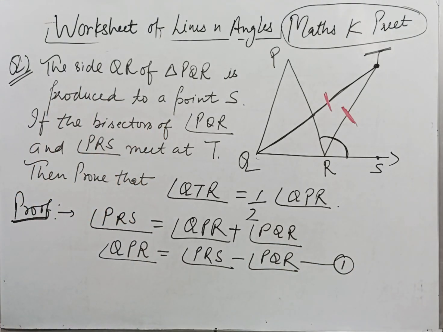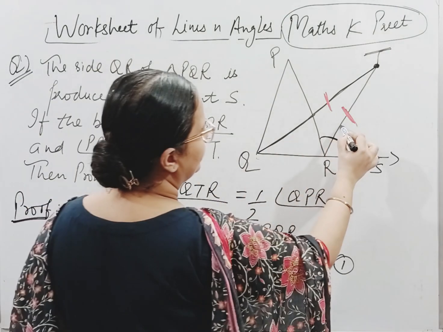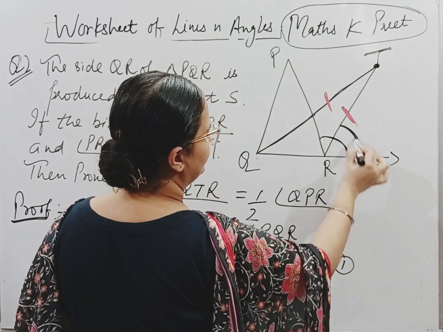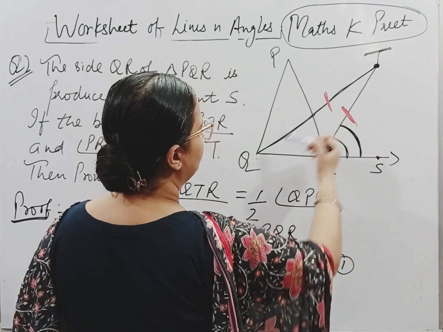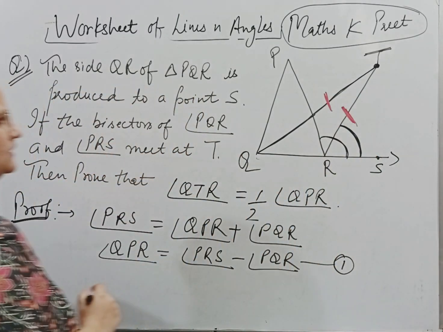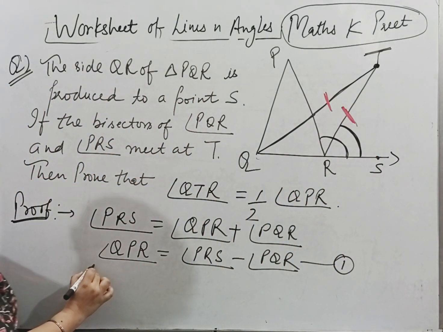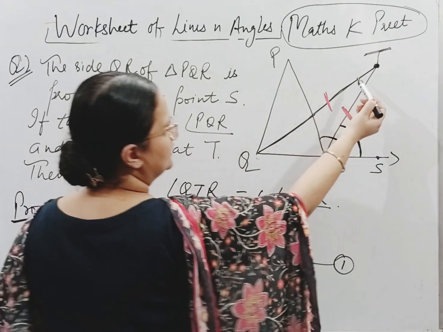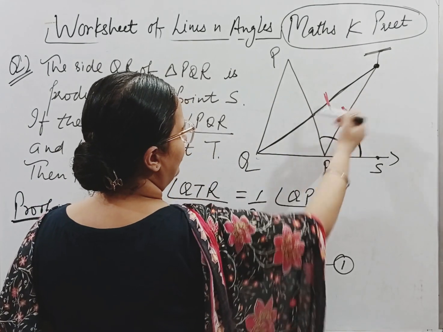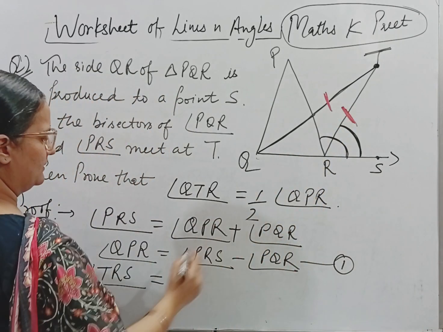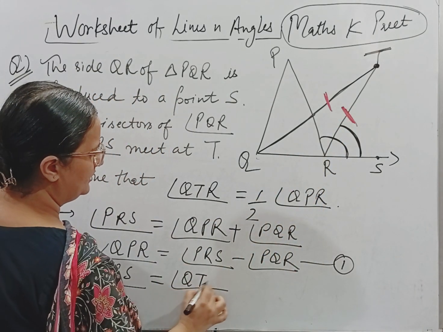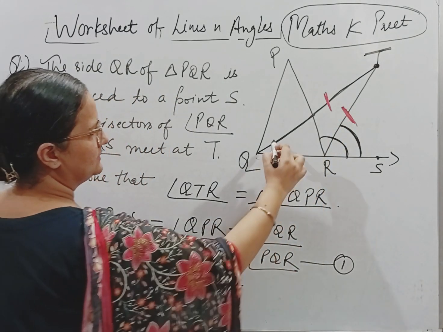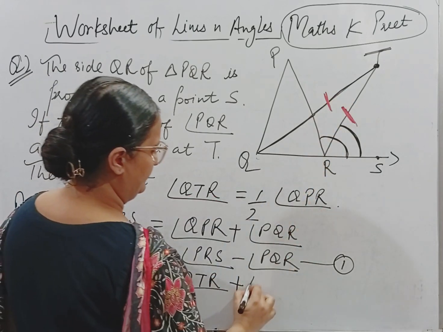So next is TRS. This is an exterior angle for a triangle. Which triangle? QTR. Fine. So TRS can be written as the sum of two interior opposite angles, QTR plus this angle, TQR.